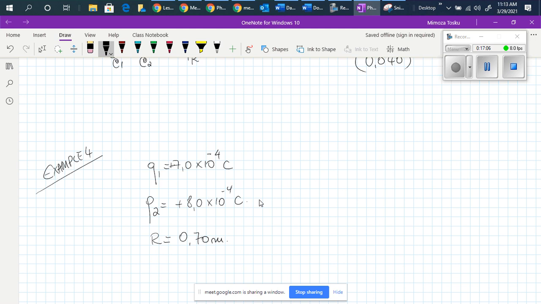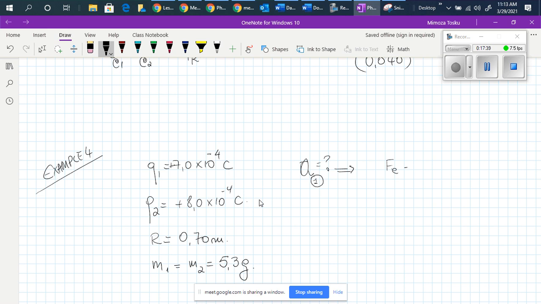Each of those two charges has a mass, so mass 1 equals mass 2 equals, let's say, 5.3 grams. What is the acceleration that mass 1 is experiencing as a result of the electrostatic force?